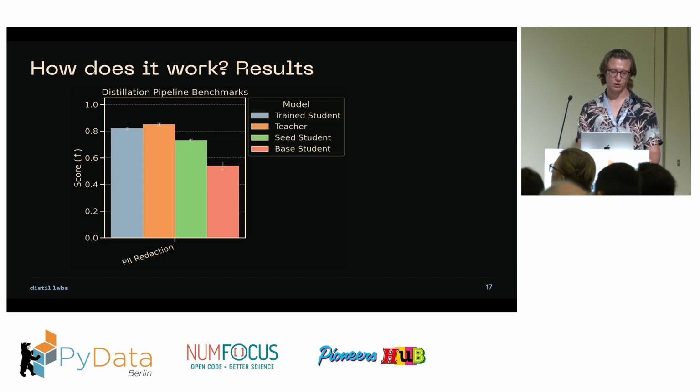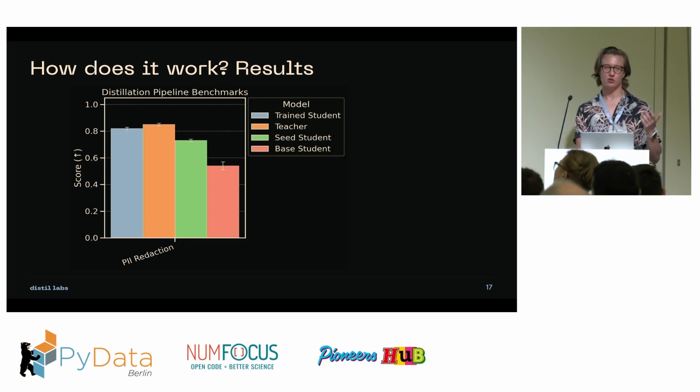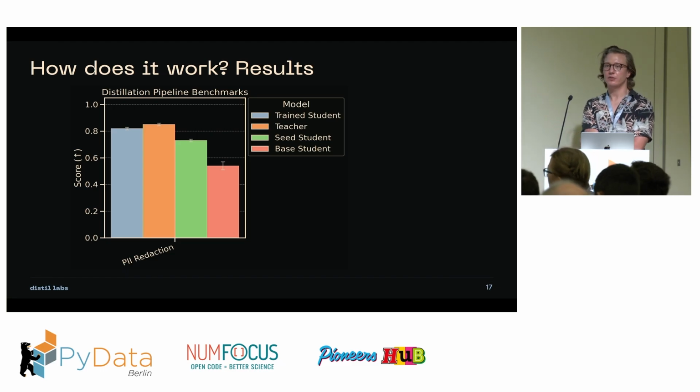Here it's more or less 2 standard deviations apart. If you run this quite a few times, sometimes you get a student that is better than the teacher, sometimes it's worse. On average it's a little bit worse, but it's really within one standard deviation. So you can get a decrease of model size by 30x and effectively get the same performance.